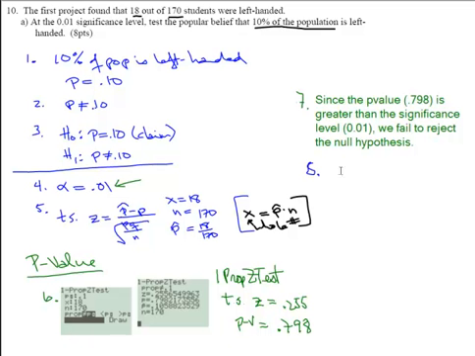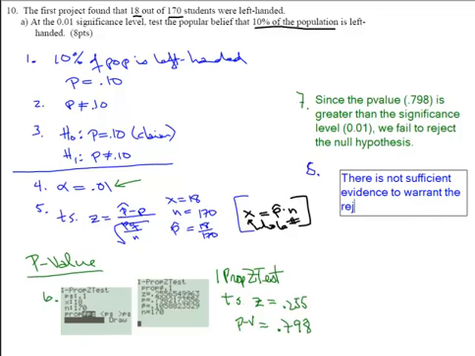So the wording goes, there is not sufficient evidence to warrant the rejection of the claim that... Now, instead of dot dot dot, I would like for you to use the actual wording that they have.